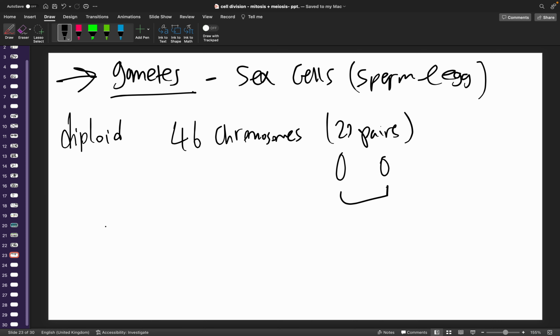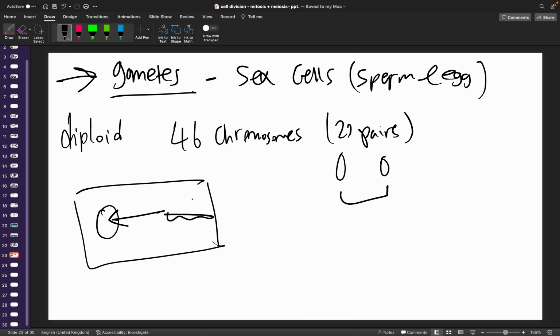Then gametes, basically sperm and egg. I'll try to draw a rough image. Sperm and egg combine together to make 1, right? So if the sperm and the egg both had 46 chromosomes, that would create 92 chromosomes in the baby that's produced, which would not be what we want, right? We want 46 chromosomes with 23 pairs.